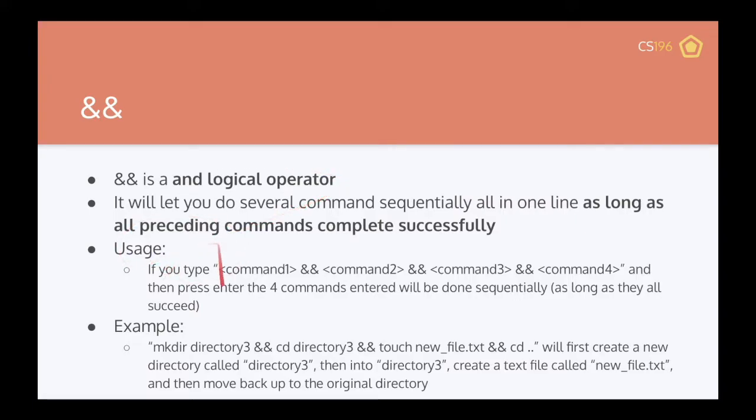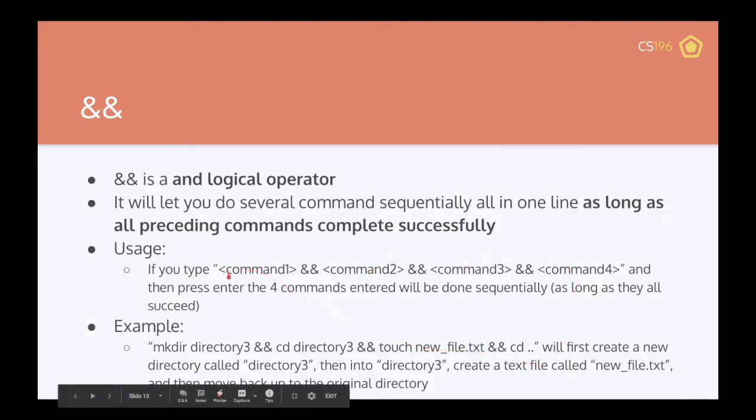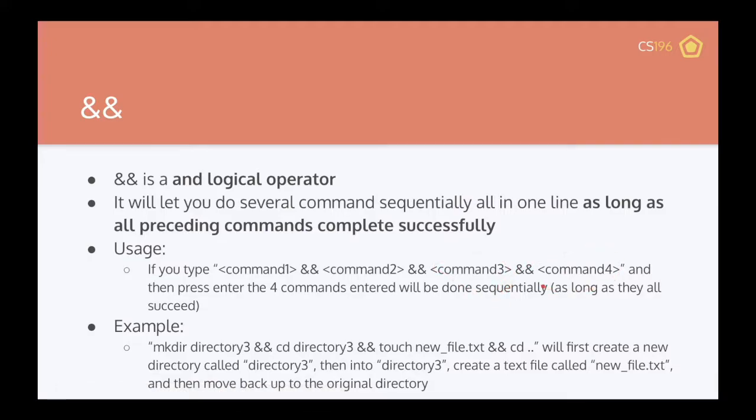If you type command 1 && command 2 && command 3 && command 4 and hit enter, then all 4 commands will be done one after the other. So we run this one first, then this one, then this one, then this one. But let's say this one runs, but then command 3 fails, command 4 will not be run. All the preceding commands have to be completed successfully for the command to be run.